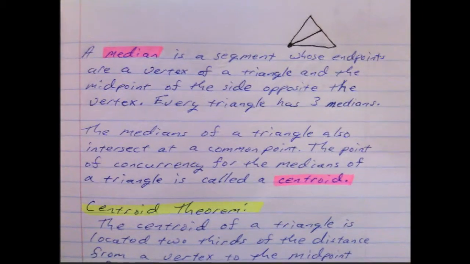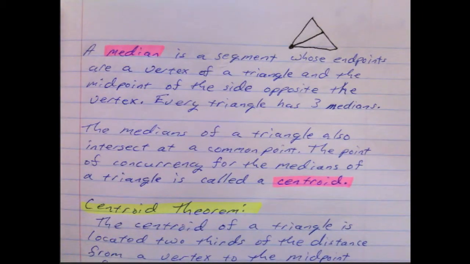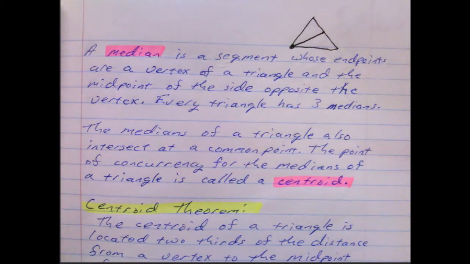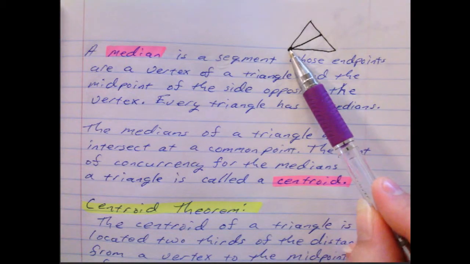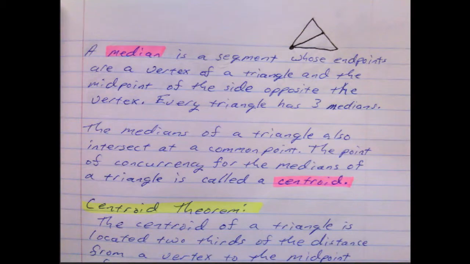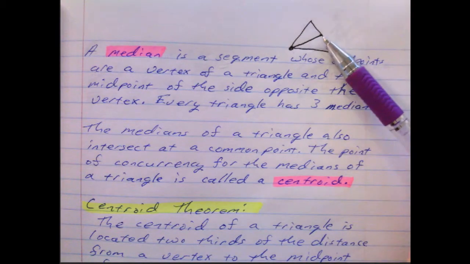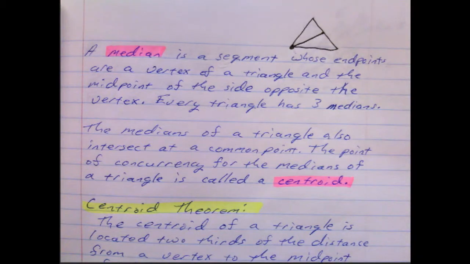Like I said, there's a lot of vocabulary today, so just bear with me. So next is the median. A median is a segment whose endpoints are a vertex of a triangle and the midpoint of the side opposite of that vertex. So here's the midpoint, where those meet. Every triangle has three medians.